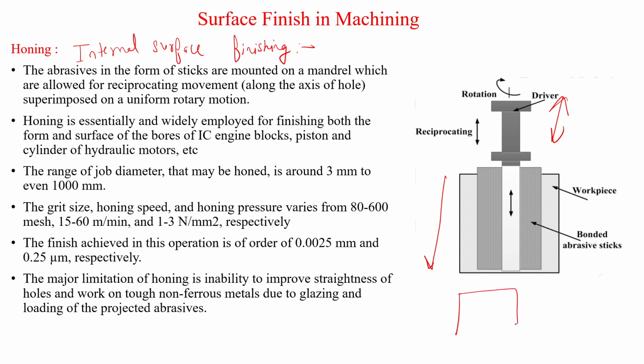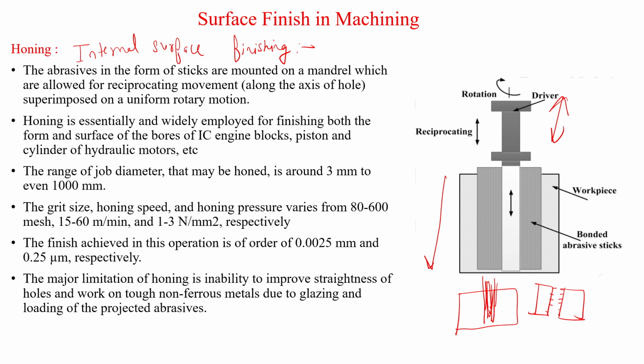There is some workpiece, a hole is created here, and the abrasives are moving here. Because of that, the internal part of the workpiece has a high surface finish. This is basically what honing is.